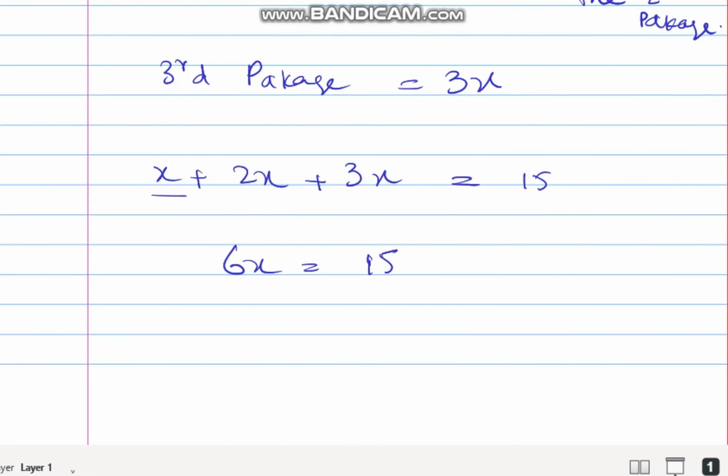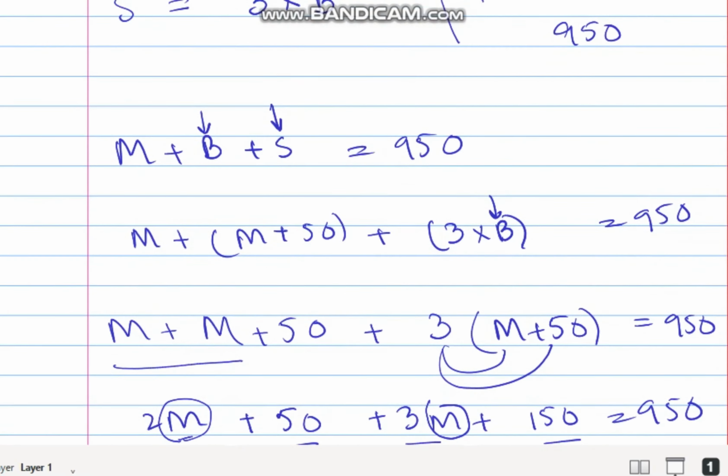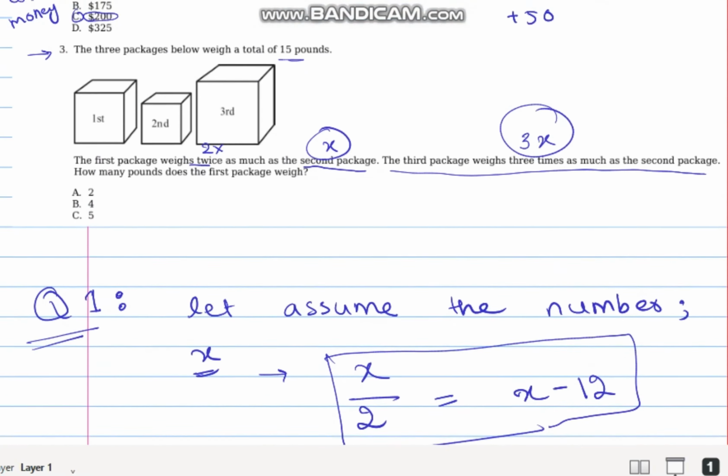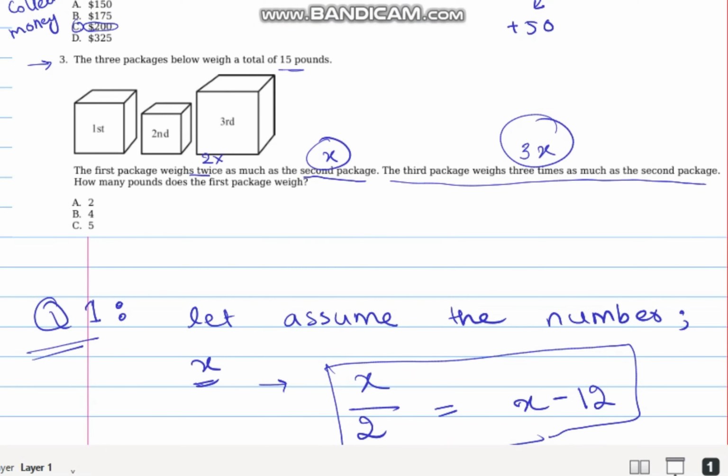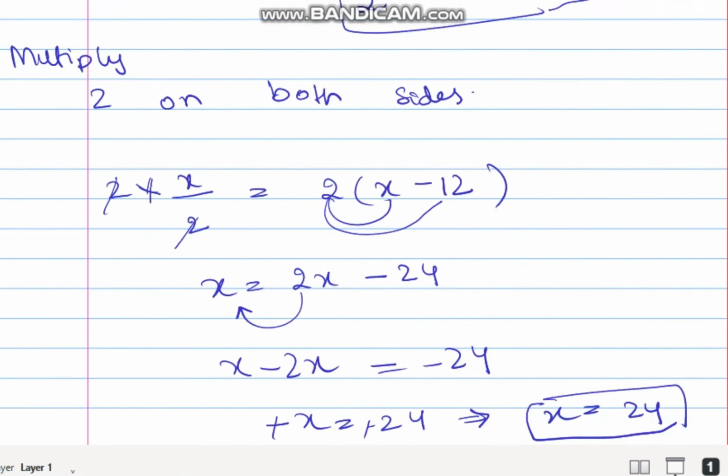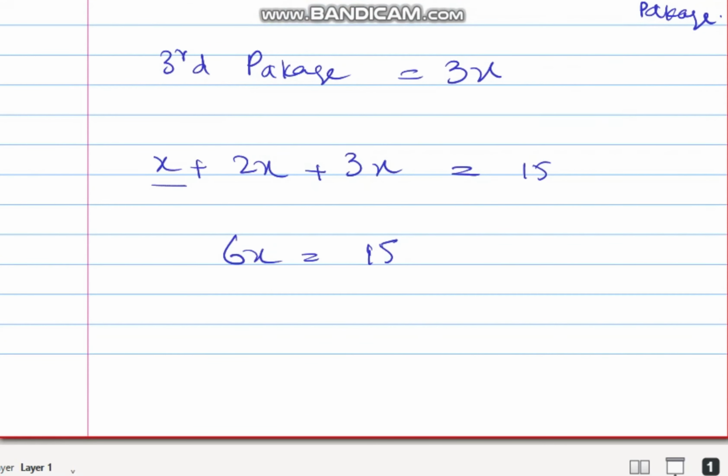Let me check the question: the third package weighs three times the second, the first twice the second. How many pounds does the first package weigh? The answer will be like 15 over 6.